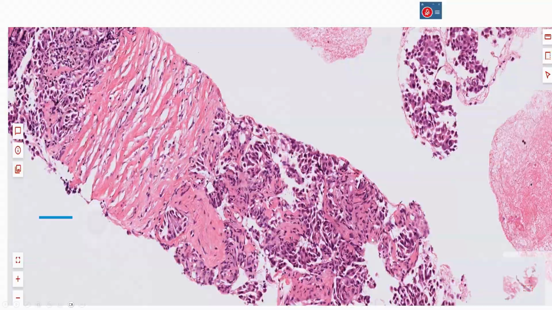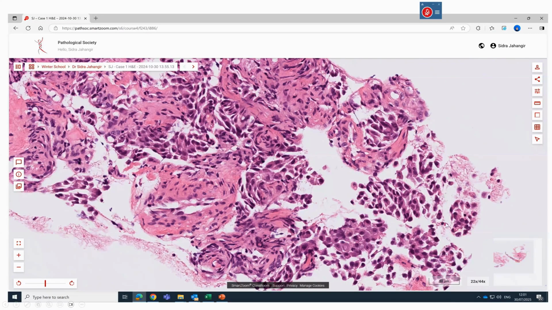At further high power, you can appreciate that these discohesive cells have abundant eosinophilic cytoplasm, and some ribbon-like arrangements here and there. So the morphology is not very classical for ductal adenocarcinoma, which is the commonest tumor in pancreas.